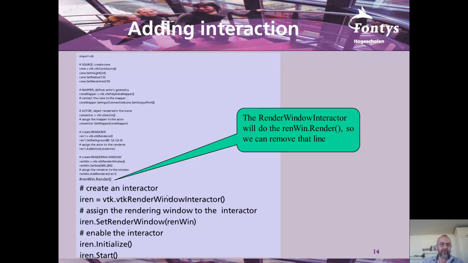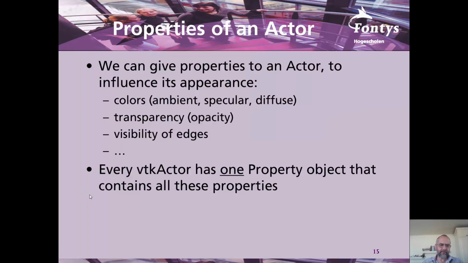How do we add such a render window interactor? Well, we create one, create the VTK render window interactor, and then set the render window. Every interactor belongs to one single render window, so here you have to set it and not add it. Then initialize it and start it. So it's a number of steps.